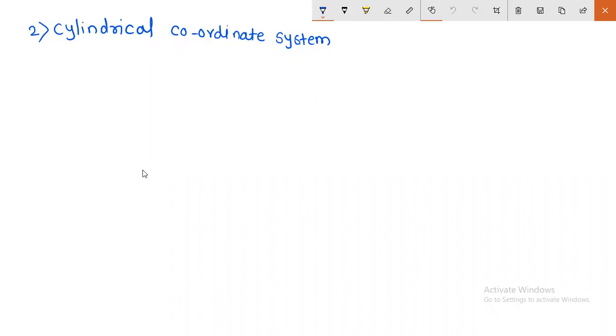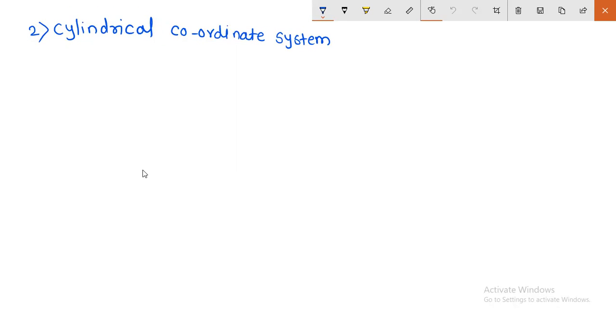We have seen in Cartesian coordinate system we are considering the three coordinates, that is x, y and z, right? These three are nothing but we are going from origin towards that axis, means we are considering only the length there. Okay, means from 0 to 5 on x axis, so it is 5 meter, etc. So all are simple length values.